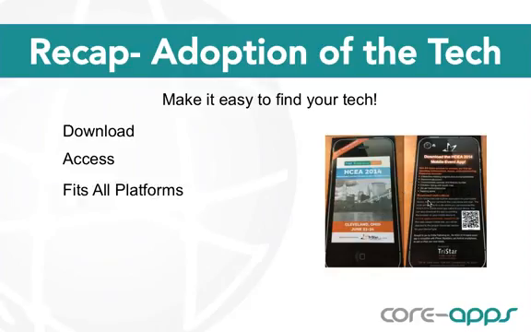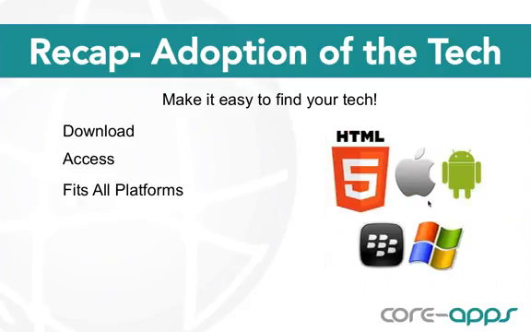One of the other things that's nice is that we want to make sure that it fits all the platforms, right? So with us, everything that we do, we try to make sure that we fit all the main platforms that are out there, whether it's Apple and Android. We even have some Windows stuff. We have stuff for HTML5. We have people who are doing it on their PCs.